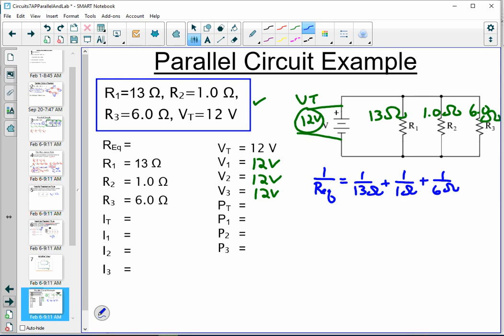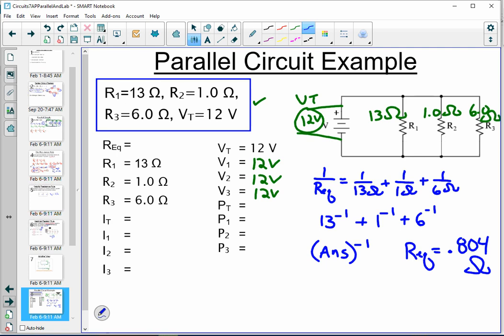When you run it through your calculator, you will hit 13 x to the negative 1 plus 1 x to the negative 1 plus 6 x to the negative 1. When you get your answer, you will hit the inverse key again, and your calculator will display answer inverse, and you will get an equivalent resistance of 0.804 ohms.